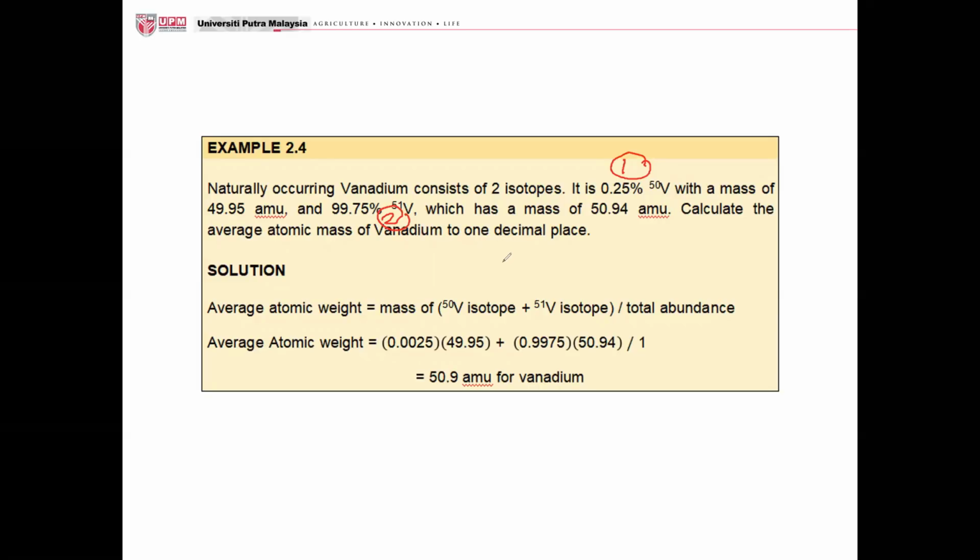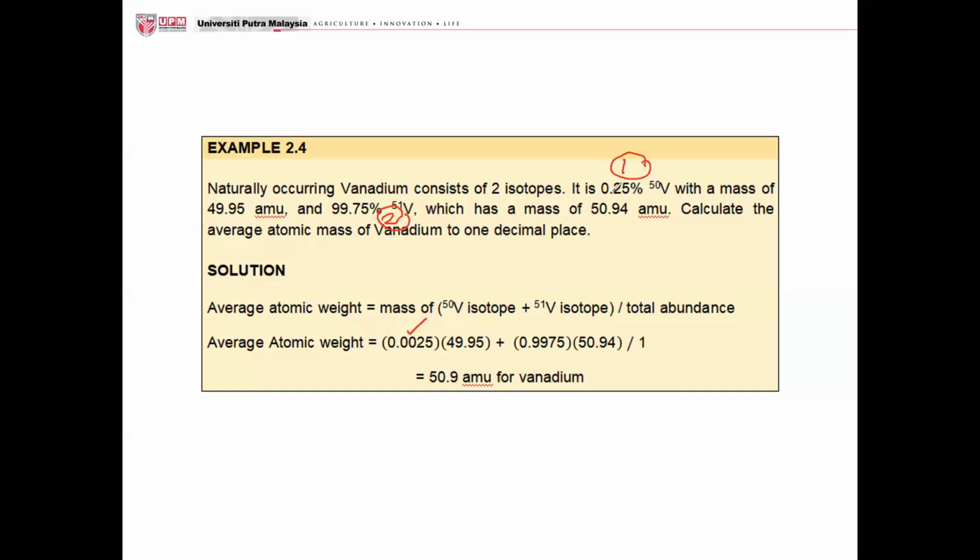What you can do here is use the formula: average atomic mass is equal to the mass of isotope vanadium 50 plus isotope vanadium 51, then divided by the total abundance. To calculate the mass of all the isotopes, you have the isotopic abundance here. First, convert all the percentages to decimals by dividing by 100.